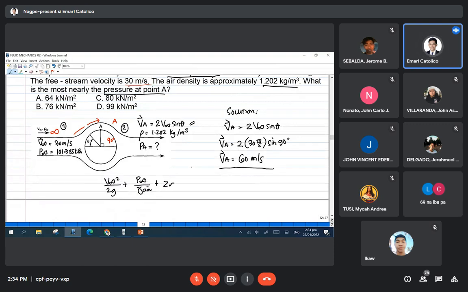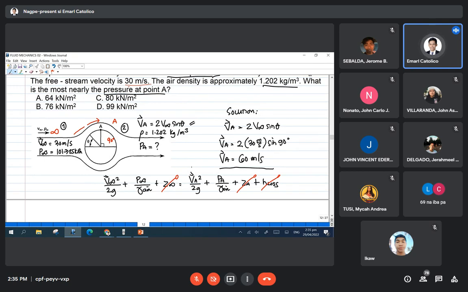Plus Z of infinity is equals to at point 2, velocity at A squared divided by 2g plus P at A over gamma ng air din plus Z at A plus head loss. Okay. So wala tayong elevation. Then wala tayong head loss. So in terms of velocity and pressure lang tong number 8.